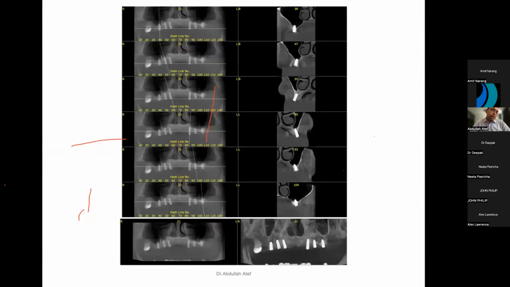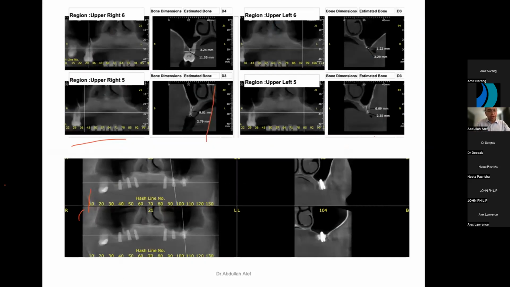Look, here are the implants after insertion, and after 5 months and a couple of weeks of healing, you find here how the bone healed around the sinus, where there was no bone. You remember here, the bone was very, very thin, about 1 millimeter, which was not enough to fix the implant.